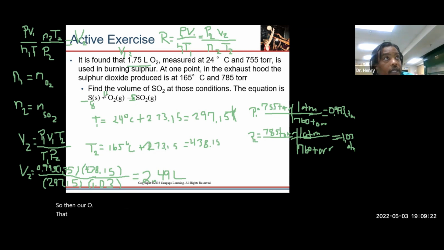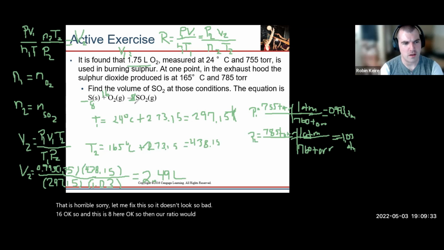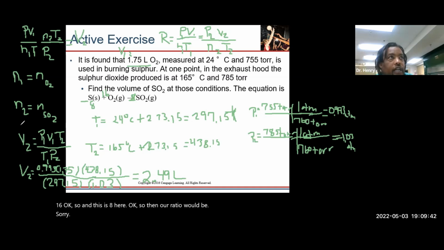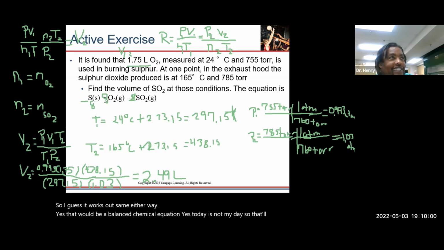Wouldn't the coefficient be 8 in front of the oxygen? Oh yeah, you're right. I'm sorry, my bad. Thank you. So I guess it works out the same either way. Yes, that would be a balanced chemical equation. So that would be 8 and 16. Okay, so then that would be a 1-to-1 ratio as well too.